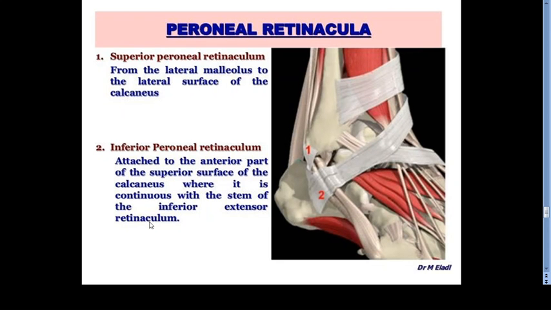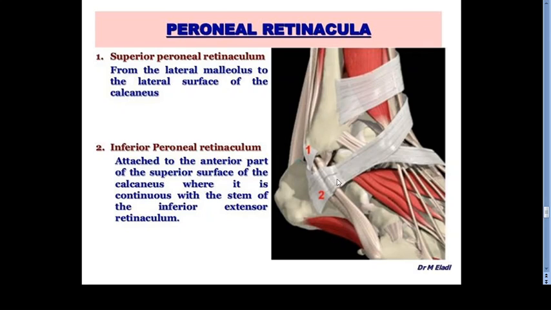You can also appreciate there are two retinacula in the lateral compartment. Those two retinacula are the superior peroneal retinaculum and the inferior peroneal retinaculum. The superior peroneal retinaculum has its attachments from the lateral malleolus of the fibula to the lateral surface of the calcaneum.